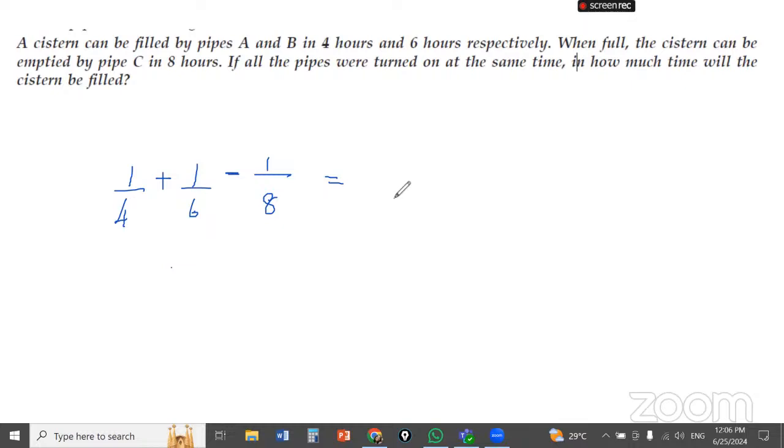So here for this, LCM will be 24. So this is 6 plus 4 minus 3. That is 7 upon 24. And work done, time taken would be 24 by 7, the reciprocal of it. 7 by 24 is not the answer.